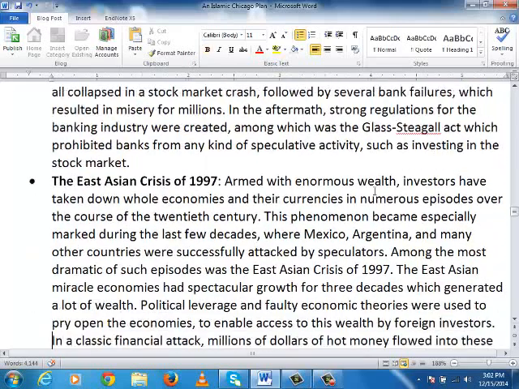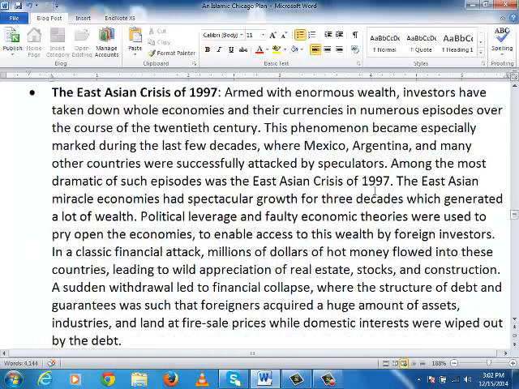Then there is the East Asian crisis. When you see the financial deregulation in the USA and UK and Europe was taking place about the same time. Previously, in the regulated system, the banks were not so free to create money.